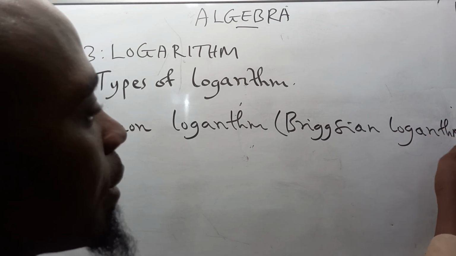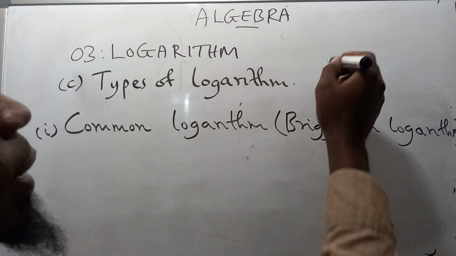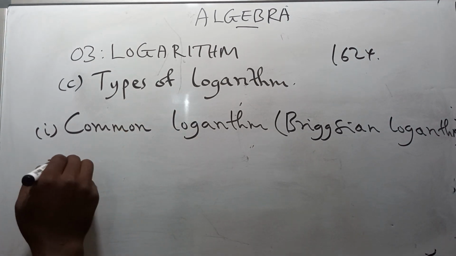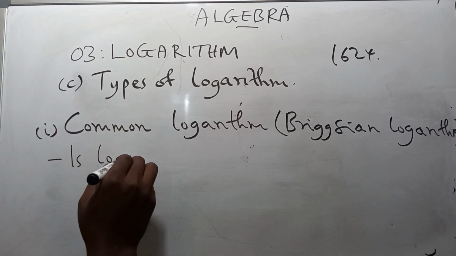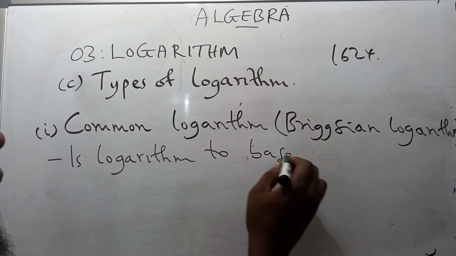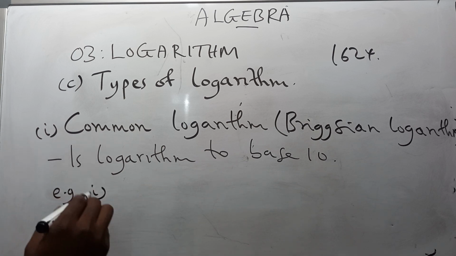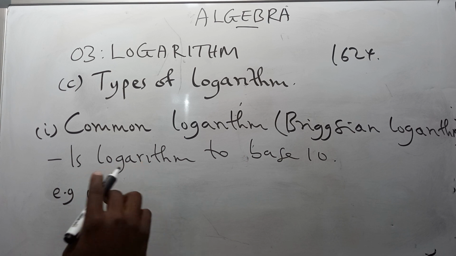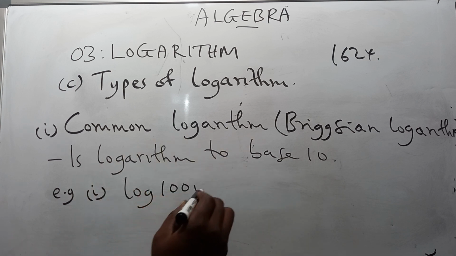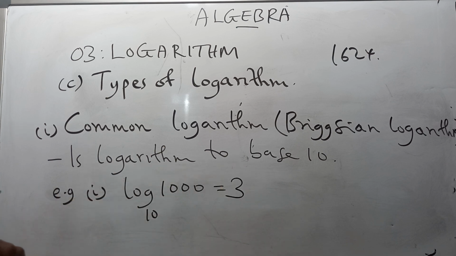This was invented by an English mathematician, Henry Briggs, in 1624. Common logarithm is logarithm to base 10. For example, an example of common logarithm is log of 1000 to base 10, which is equal to 3.